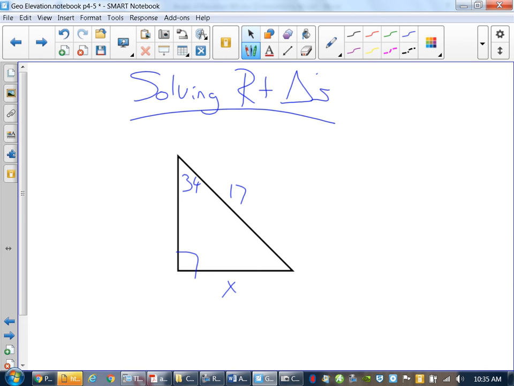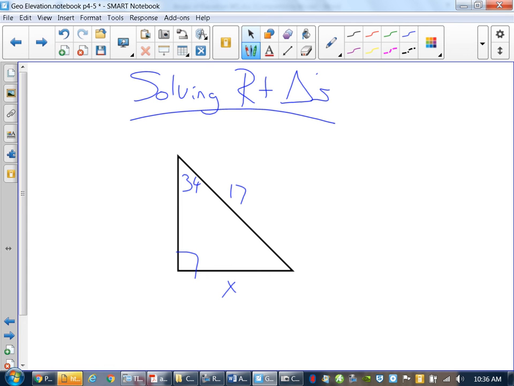What's the easiest way to find that side? Pythagorean theorem. It doesn't mean that you're going to be given the 2 legs and find the hypotenuse. You could be given a hypotenuse and a leg, find a third side, and so on. It could be any combination of those 2. But that also means you'd have to find how many angles? Well, you know one of them, so that means you have to find 2.